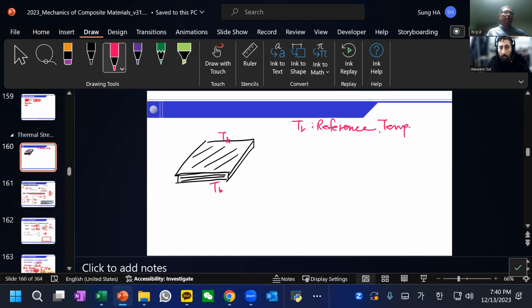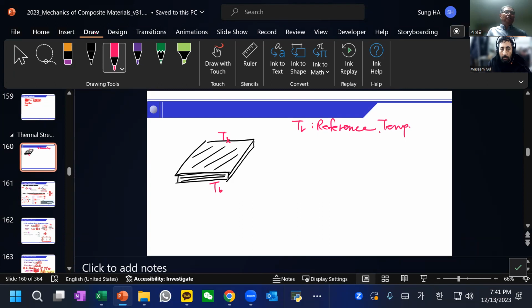What does it mean by the reference temperature? The concept of reference temperature was not needed in mechanical load, because the reference load can be the zero load. No load can be considered as a reference load, but the temperatures are different.